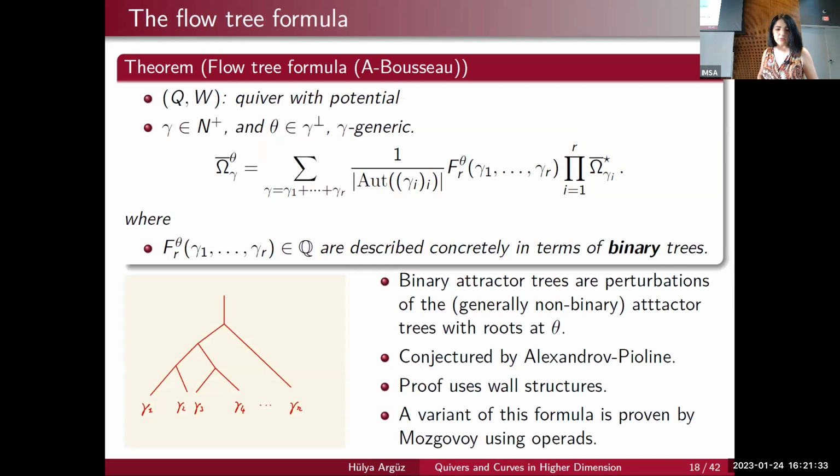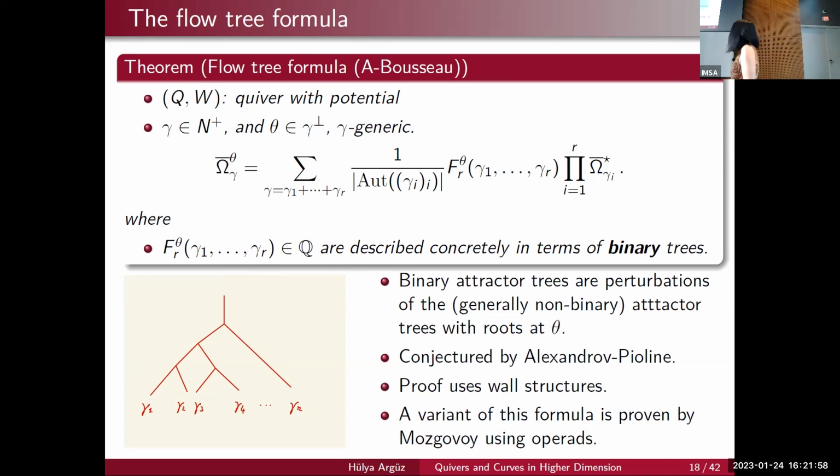So we ended up with a formula, which is the flow tree formula conjectured by some physicists, saying that you can calculate general DT invariants in terms of attractor DT invariants, and you can obtain these coefficients F_r theta gamma 1 to gamma r. You can concretely describe them in terms of binary trees.